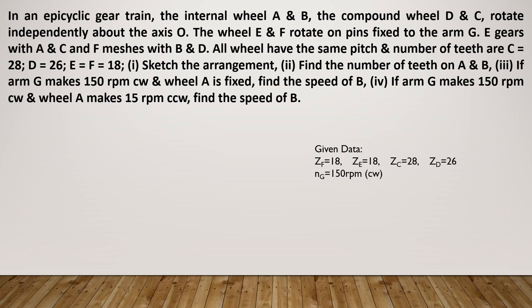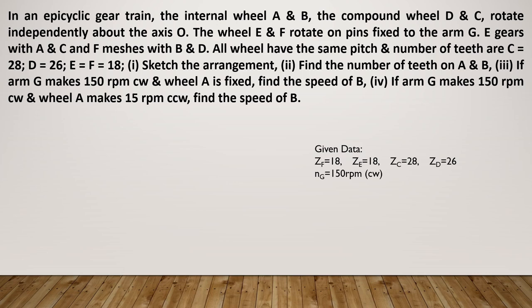Sketch the arrangement. Find the number of teeth on A and B. If the arm G makes 150 rpm clockwise and wheel A is fixed, find the speed of B. Second condition, if arm G makes 150 rpm clockwise and wheel A makes 15 rpm counterclockwise, find the speed of B. So two cases where you have to calculate the speed of wheel B.